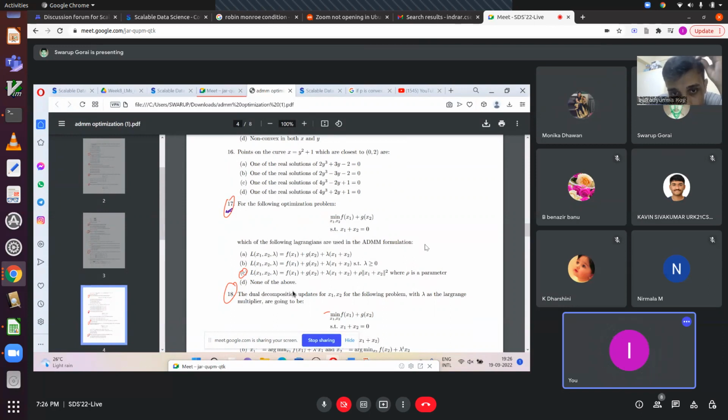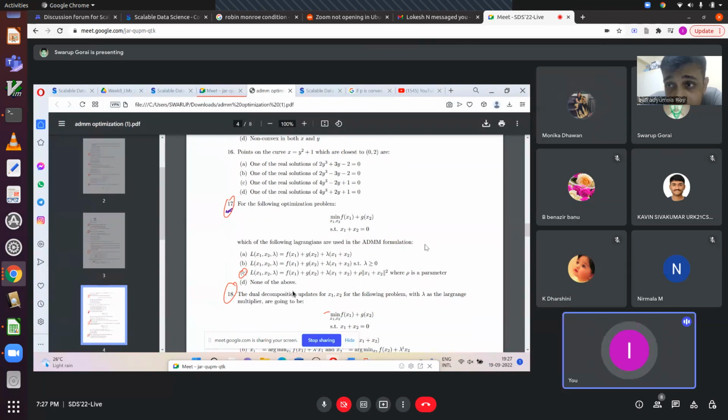Why, sir? So again, if you think there, you want x1 plus x2 to be always equal to 0, right? So when it is equal to 0, the value of lambda does not matter. When the equality constraint is satisfied, then the value of lambda does not matter. No matter what value it takes, the optimization problem will remain at the same place, because it's multiplied by 0.